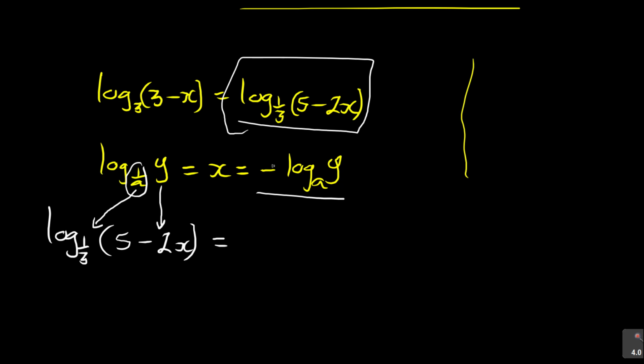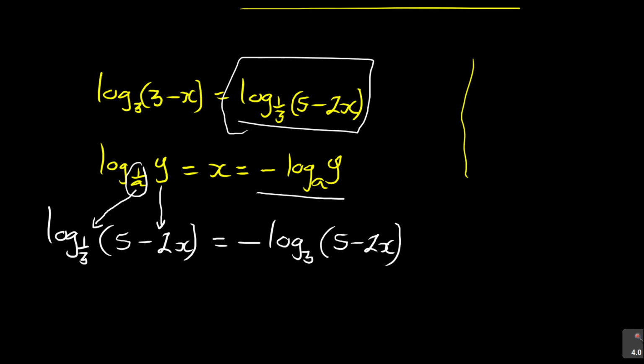It is equal to negative log, now my a and y, see what is happening there. If my a was 1 over a, it becomes a, so here it will become 3, and my y will become the bracket 5 minus 2x. Do you see what's happening?